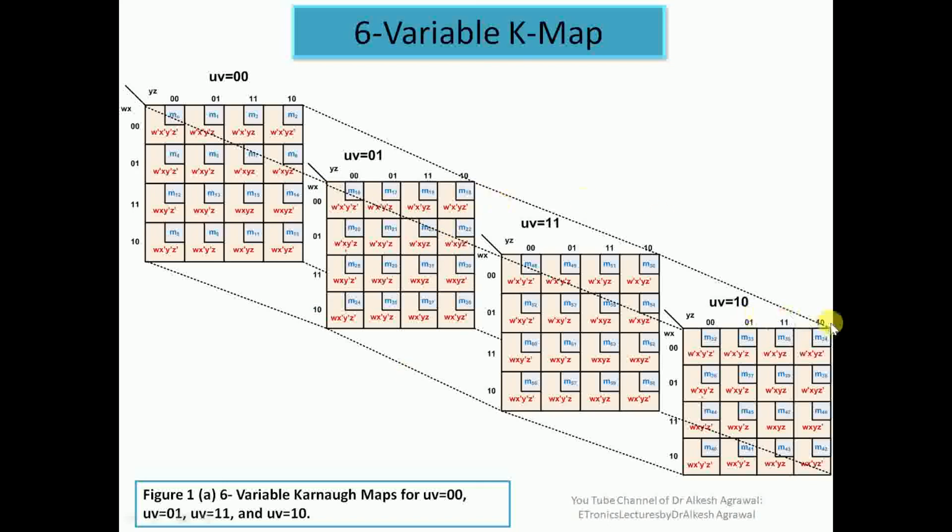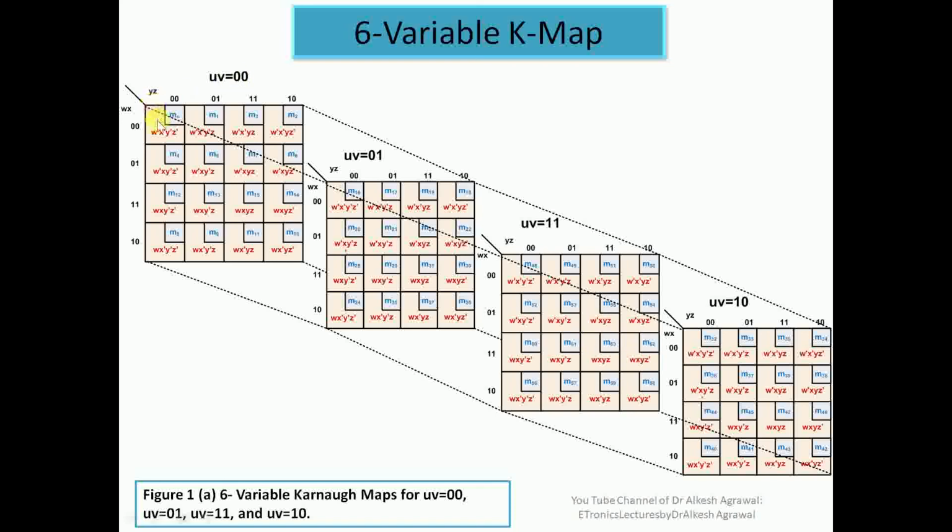Then comes the K-map where UV is 10 and the first minterm is M32 and the last minterm is M47. And then comes the last K-map as per the gray coding. For UV equal to 11, the first minterm is M48 and the last minterm is M63.